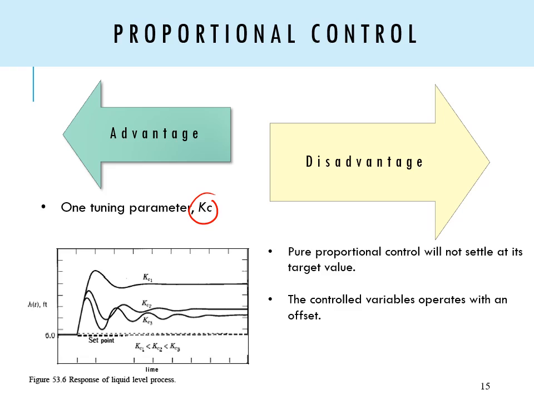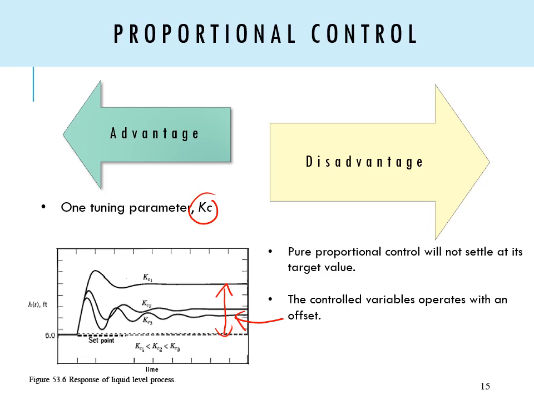So that means the process response curve will behave in an offset type of process response. The control variable operates with an offset, which is the steady state deviation of the control variable from the set point. The process response curve is said to be offset when it cannot reach its set point.